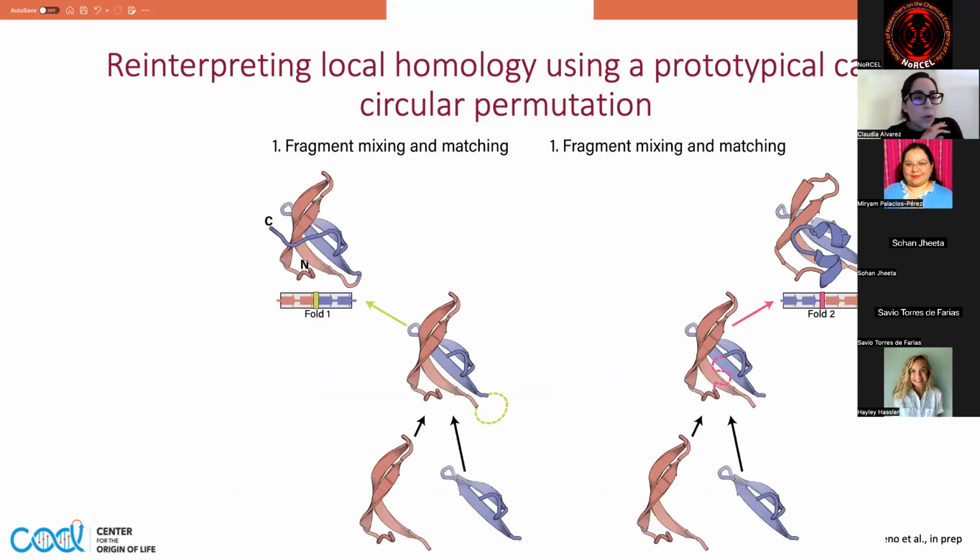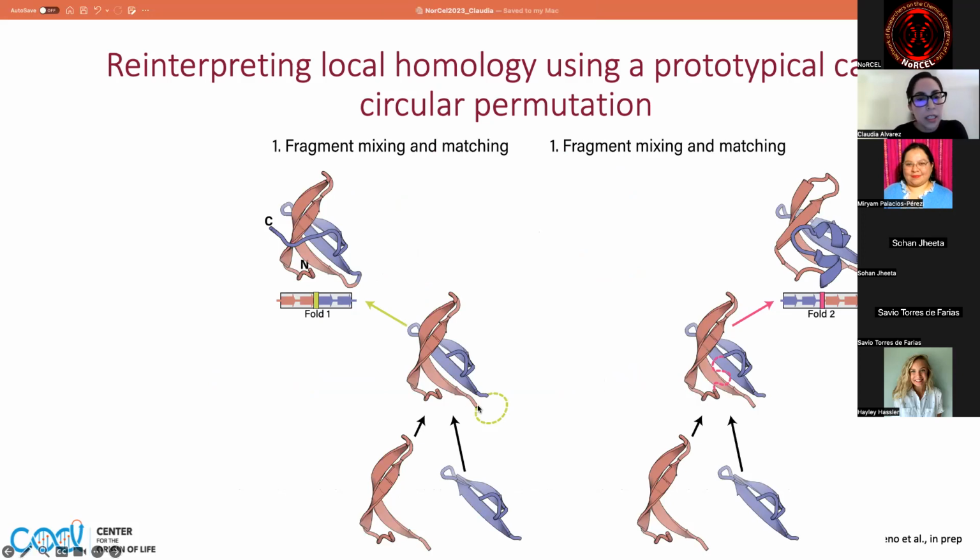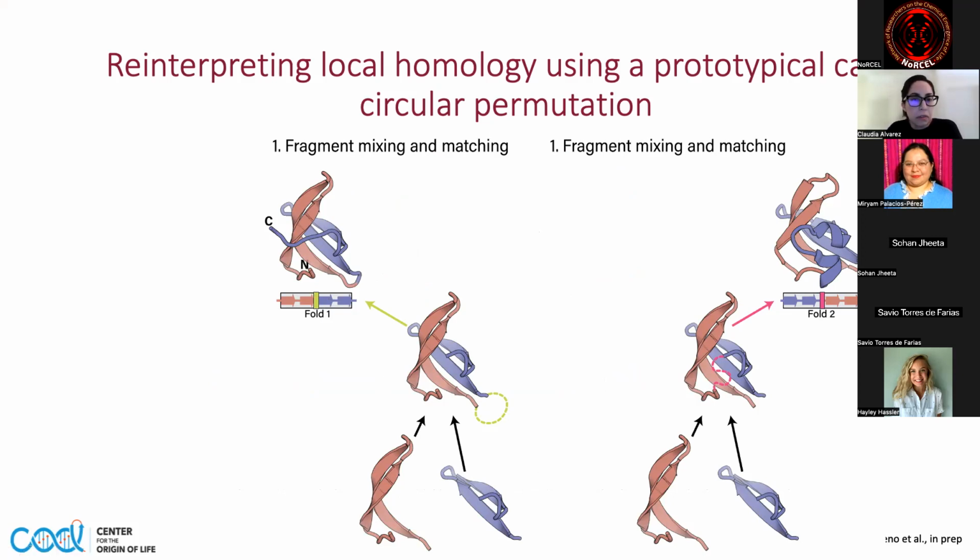So it would look like having two starting points that are the secondary structural elements and just basically joining them together in two different ways. In the first way, we would join first the red and then the blue. And in the second case, we would join first the blue and then the red.